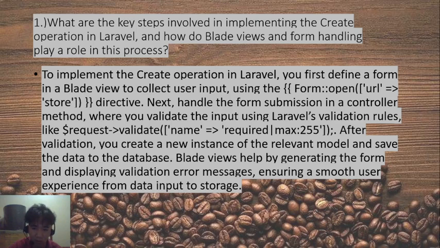Next, handle the form submission in the controller method, where you validate the input using Laravel's validation rules like request validate name required max 255. After validation, you create a new instance of the relevant model and save the data to the database. Blade views help by generating the form and displaying validation error messages, ensuring a smooth user experience from data input to storage.